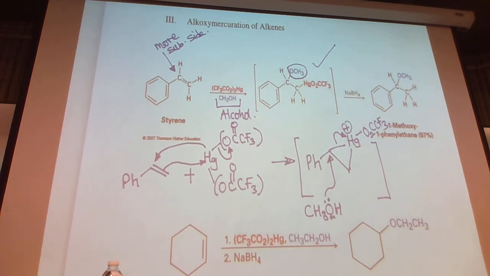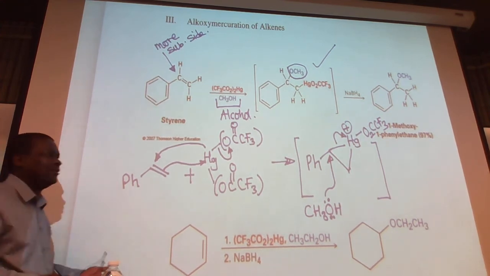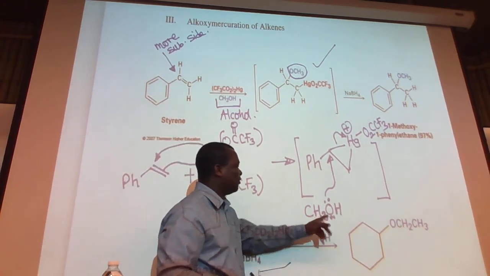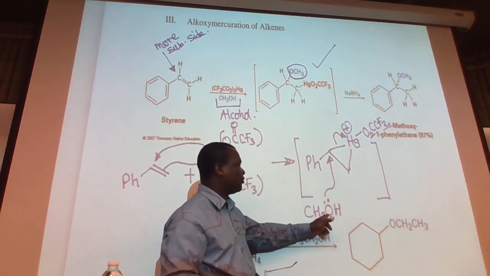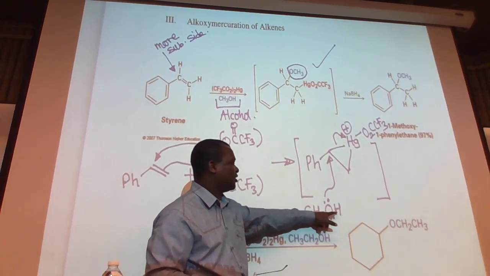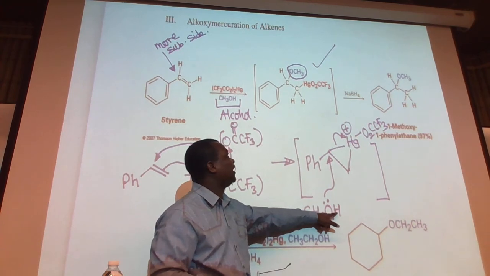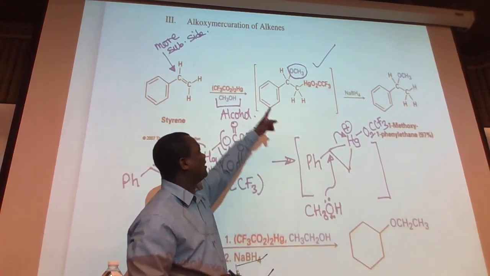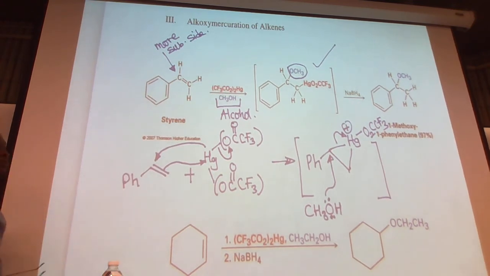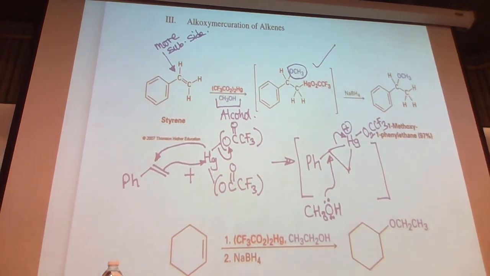That's how you get the intermediate. Of course, there's one more step. McMurry is trying to save time with pages or stuff like that. So when this adds on, there's still going to be a positive charge on this oxygen because of this hydrogen. Okay? And that will be taken off to get a neutral compound like that. And then the final step is treatment with sodium borohydride to knock out the mercury, and you get your final product. Okay?